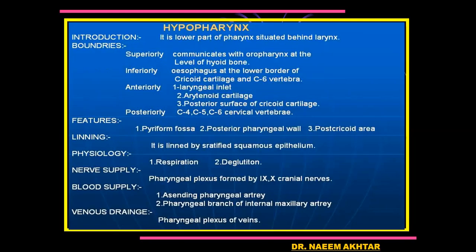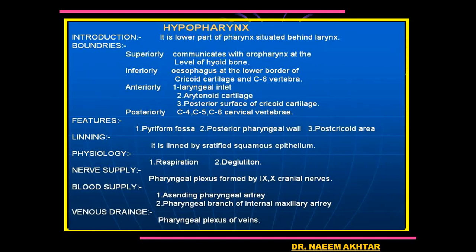The third part is the hypopharynx, which is the lowermost part of the pharynx situated behind the larynx. As far as the boundaries of hypopharynx are concerned, superiorly, the hypopharynx communicates with oropharynx at the level of hyoid bone. Inferiorly, it is continuous with the esophagus at the lower border of the cricoid cartilage and at the level of C6 vertebra.